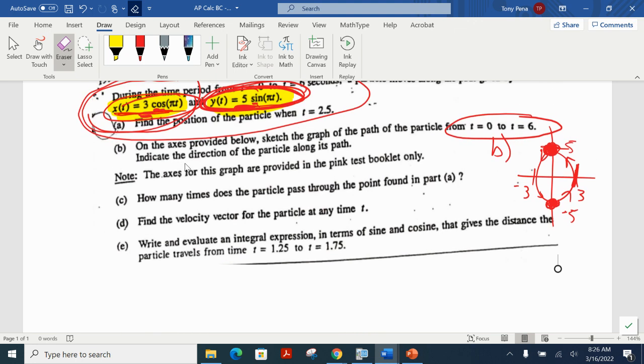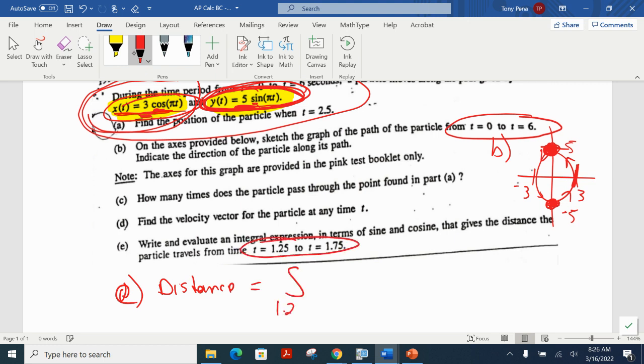All right, so letter E. The distance is the integration, in this case, from 1.25 to 1.75. The way we find distance is we integrate what we would have said before, the absolute value of the velocity. But now that is a vector, so we want the magnitude of our velocity vector. You would have just found that in part D.